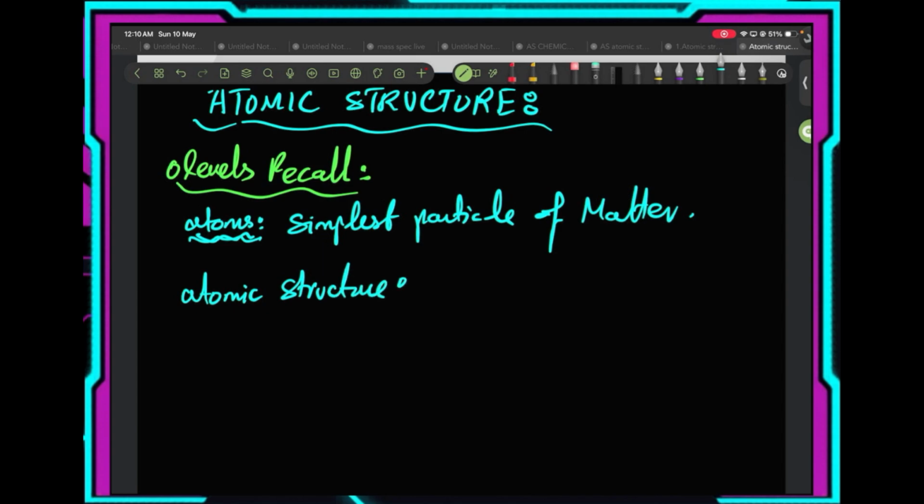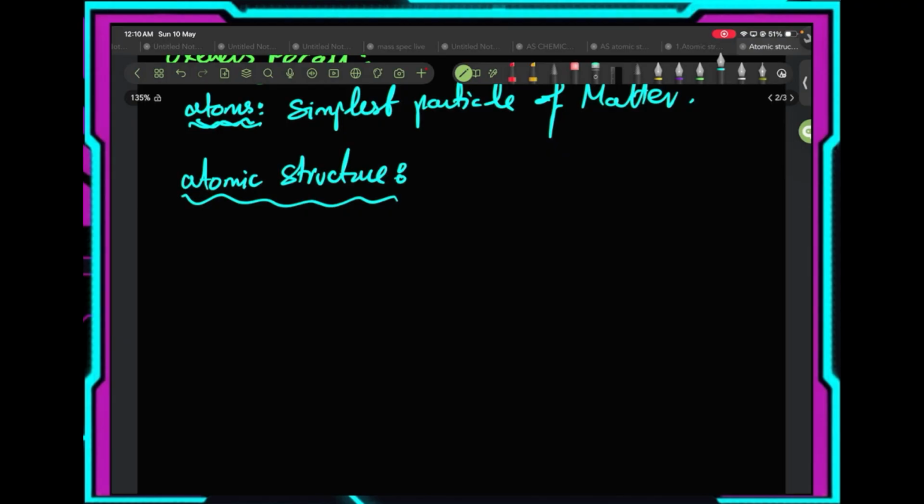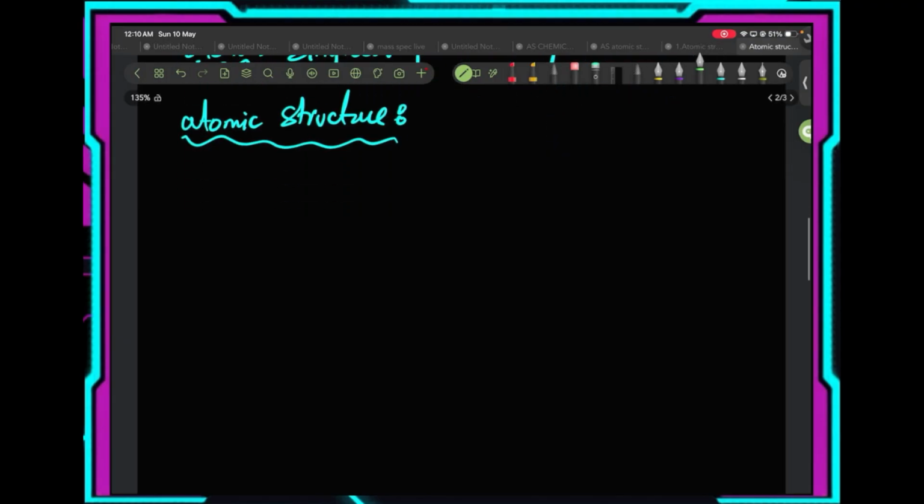atomic structure from O levels, we used to say that an atom would have two regions. There's this nuclear region in the middle, which we call the nucleus. This is the nuclear region. And out of this nuclear region, you have the extra nuclear part of the body of an atom, right?